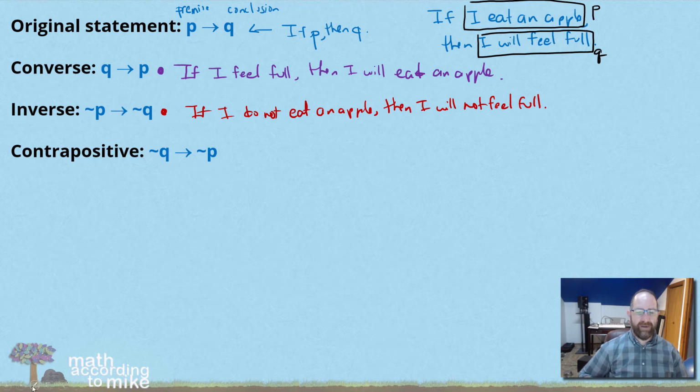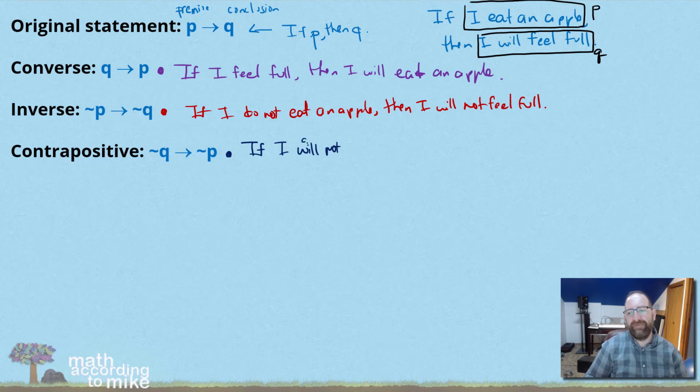And lastly, we have the contrapositive. The contrapositive does two things. It flips and negates, meaning we flip the position of the P and the Q and then we negate each one. So not Q would be, and notice it's the premise now, so we start with the word if. If I will not feel full, or don't worry about semantics.